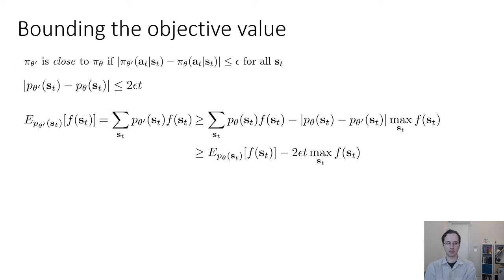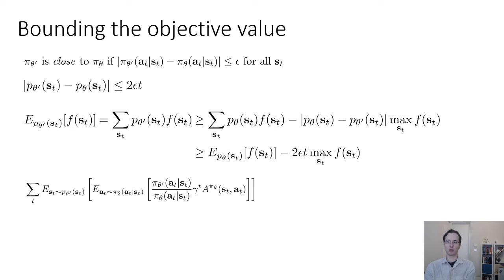Now this error term might seem pretty big because the largest value of f might be huge, but remember that everything is multiplied by epsilon. So as the two policies get closer together, as epsilon gets small, that second term can always be made arbitrarily small so long as f is bounded, so long as f doesn't go off to infinity for any state.